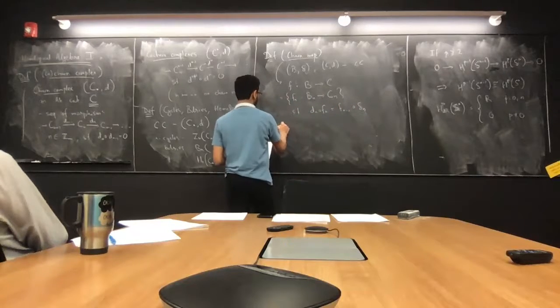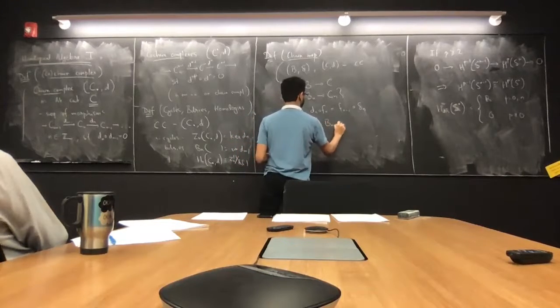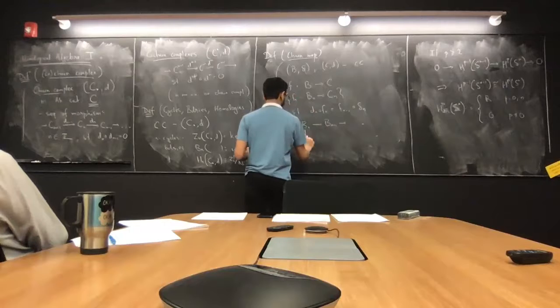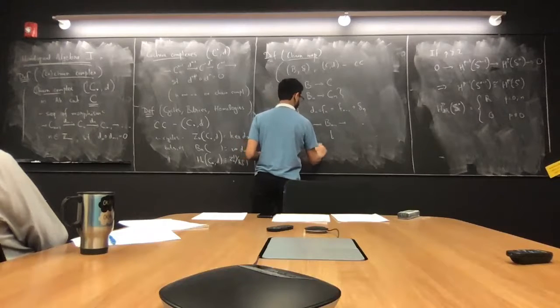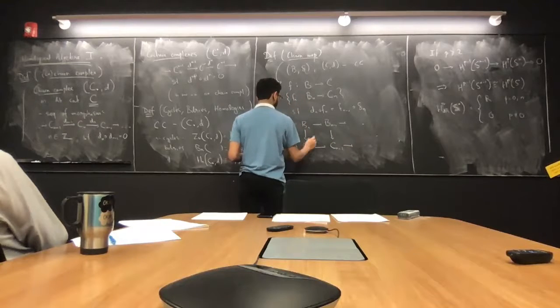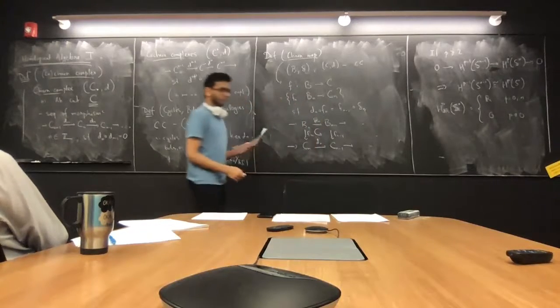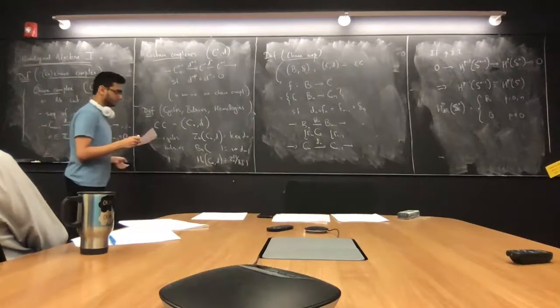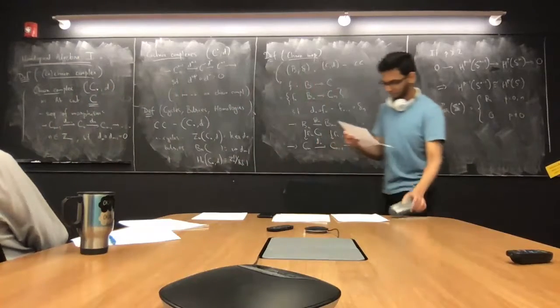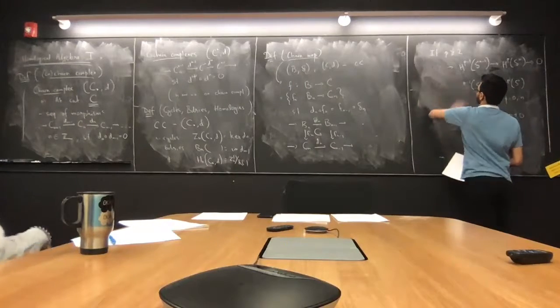So basically all the squares commute. All right, and similarly cochain maps as well.